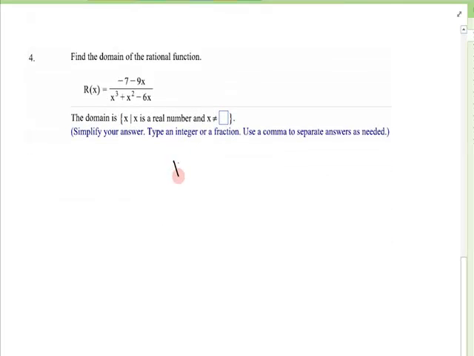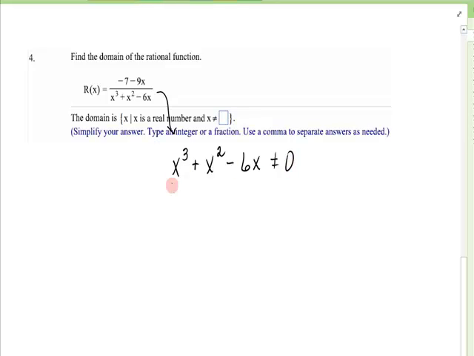Now the last one makes us work a little bit harder, and you're going to use some of the skills that you learned in the first unit of this module. Once again, the denominator cannot equal 0. This is a third degree polynomial. I need to factor it.